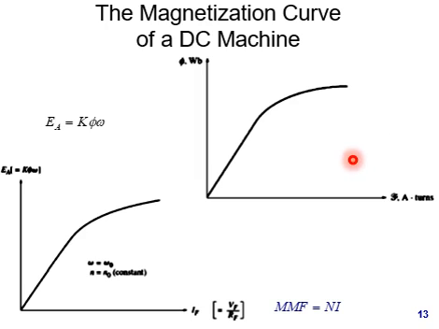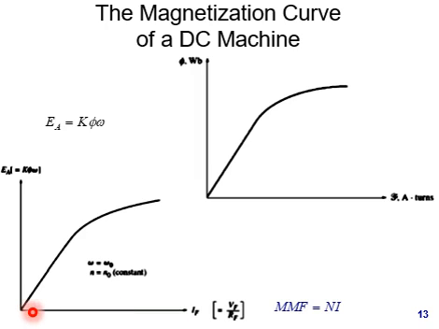Similarly, we know that EA is dependent on this phi, if you see from this equation. So if EA is dependent on this phi, the graph of EA would also be similar if we draw this EA on the y-axis and current IF on the x-axis.